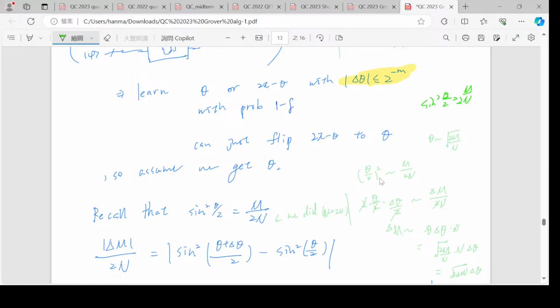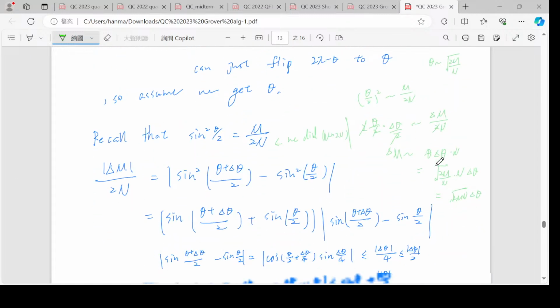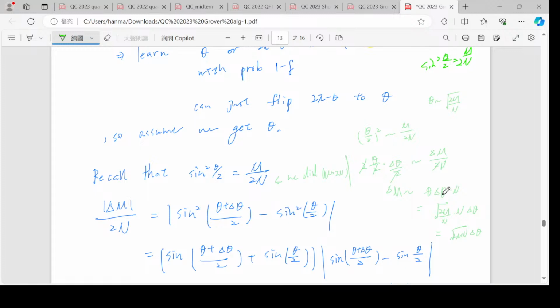And then we do something that physicists like to do a lot: we try to take the derivative on both sides. This is something funny. Here, this is a function of theta, and here it is a function of m. So we take a derivative on both sides.